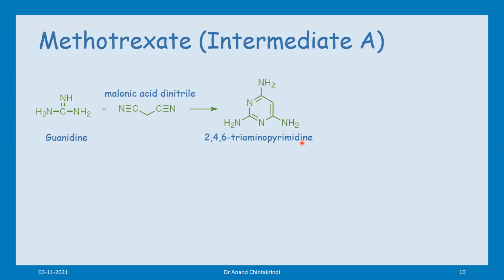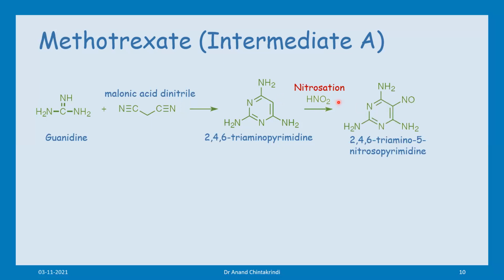The next step is the attachment of a nitroso group, which is an electrophilic aromatic substitution reaction, also known as a nitrosation reaction. Formation or attachment of a nitroso group, not a nitro.